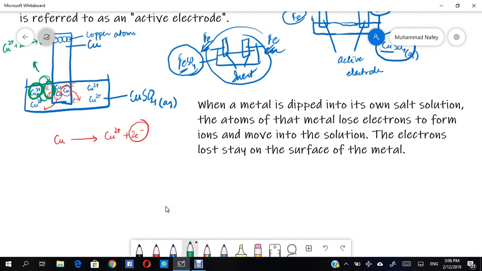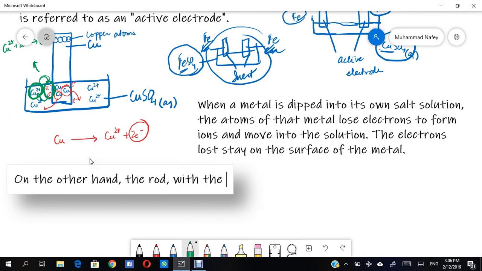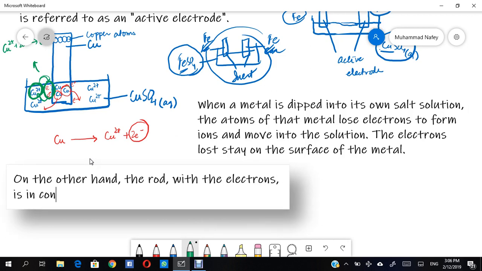So let's write this part down that we just studied. On the other hand, the rod with the electrons is in contact with the positive metal ions in the solution.